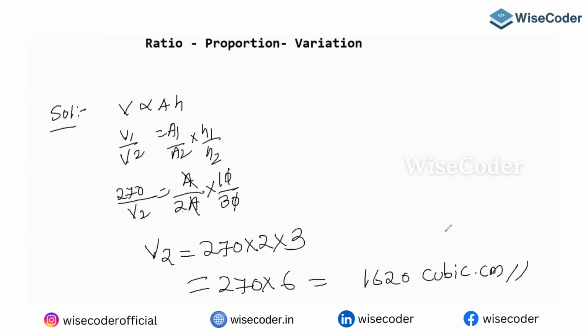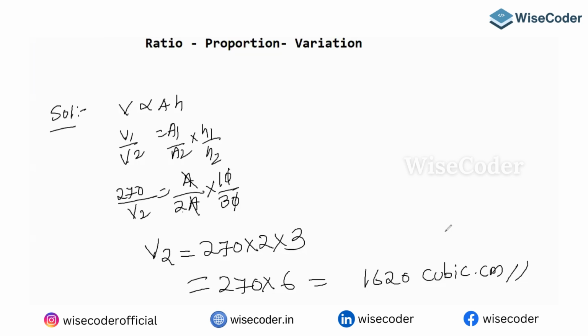We can say invertendo, alternando, compoundendo, dividendo, and compoundendo dividendo. We have seen all the formulas. After that, we came to continued proportion, where we figured out the third proportion and the mean proportion.